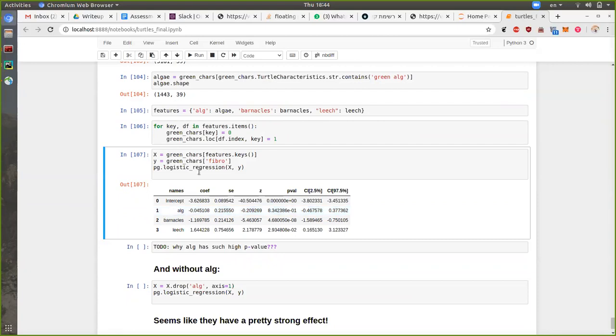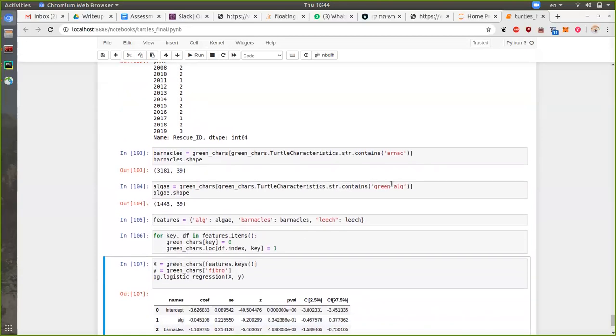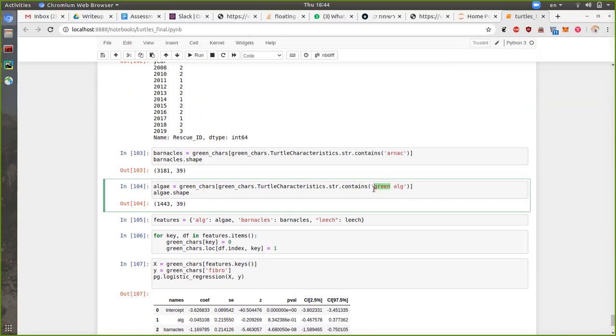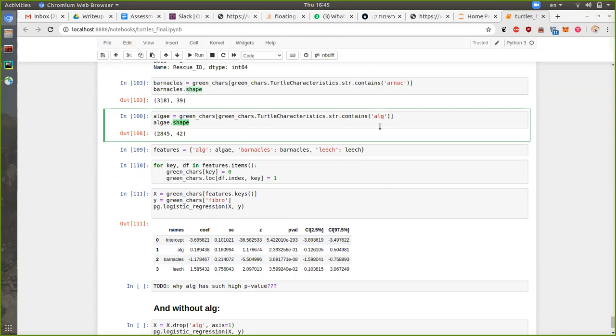Is it possible to just include all algae, not just the green ones? It's all algae, I think, because I don't know which species of algae are responsible, and it may not necessarily be the green algae. Okay, so include all algae, not just green. Still an insignificant p-value. That's weird. There's enough data. It shouldn't do that.